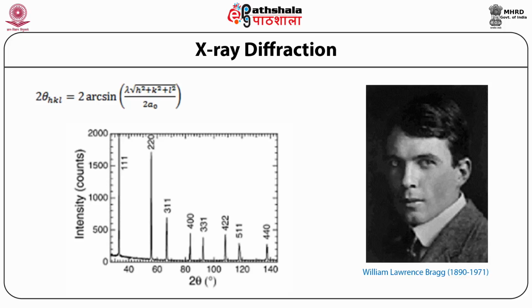So basically we find out which family of planes this peak belongs to. It is also interesting to note that not all families of planes are present in these diffraction diagrams. Some peaks that should have corresponded to that family are not present. Why, we shall discuss later in the structure factor, but that is the way of indexing any particular X-ray diffraction.